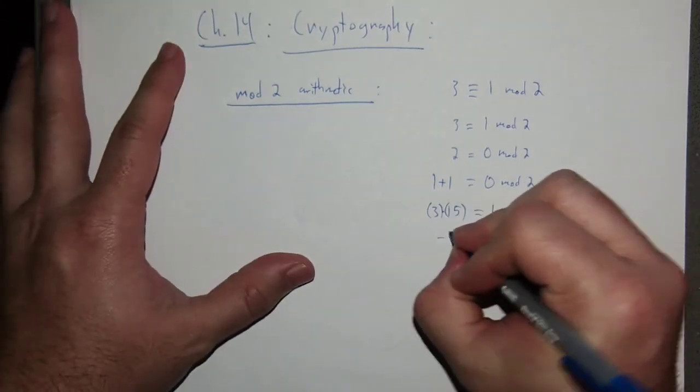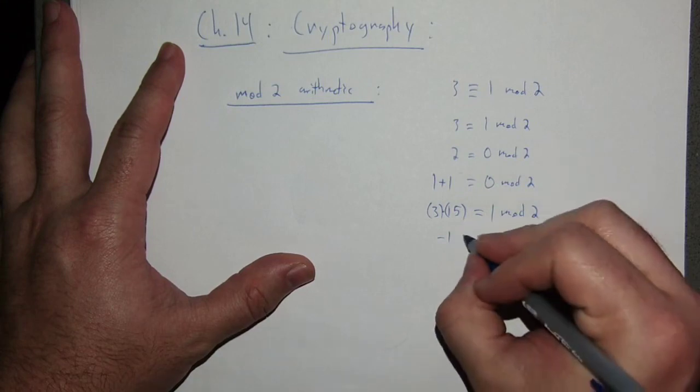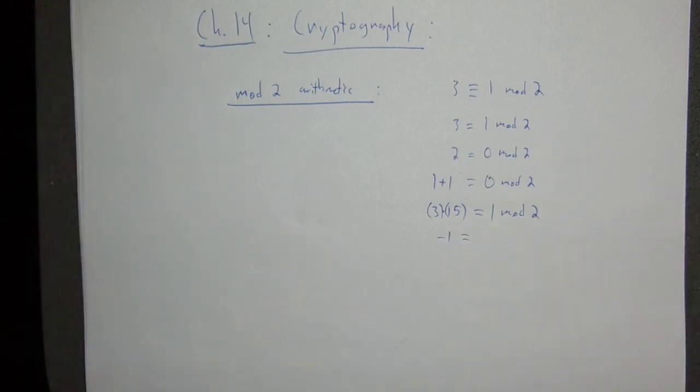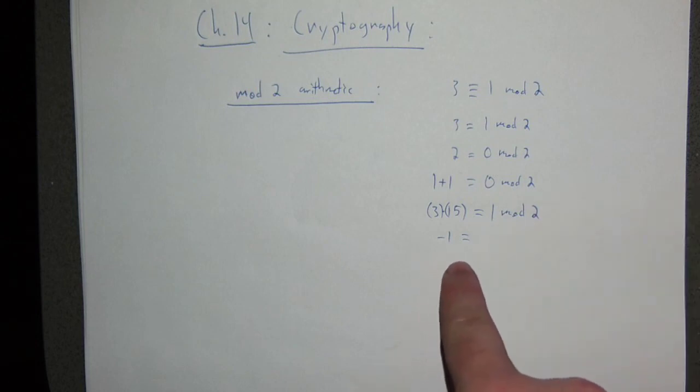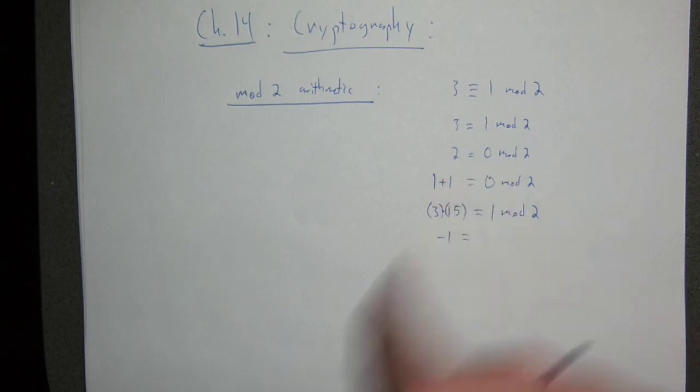What about minus 1? You might say, wait, it's negative, can I really say that it's odd? Yes, you can, but you can also think of adding 2 to it. 2 is 0 mod 2.